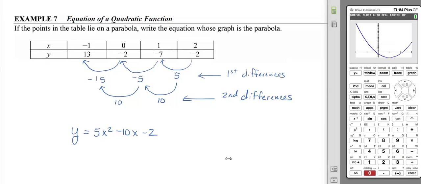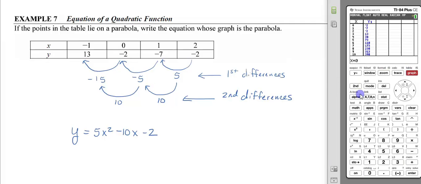There we go. And you can even go to your table. At 0 we have -2, at -1 we have 13, at 1 -7, at 2 -2. So this function is modeled exactly with this quadratic function. That's it. Go ahead and try your homework and let me know if you need help.